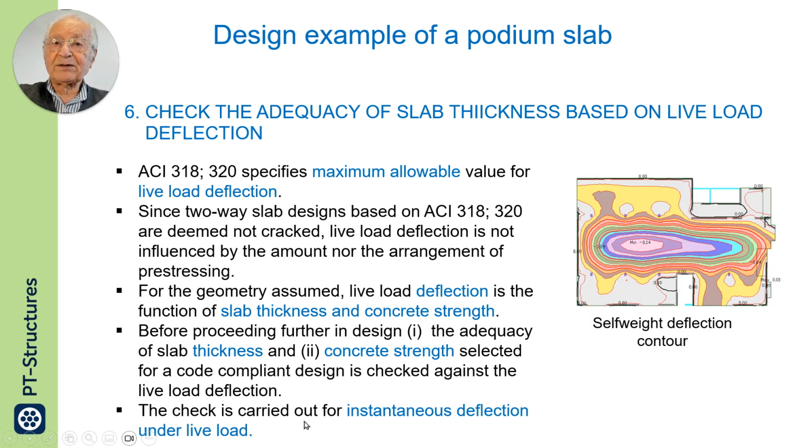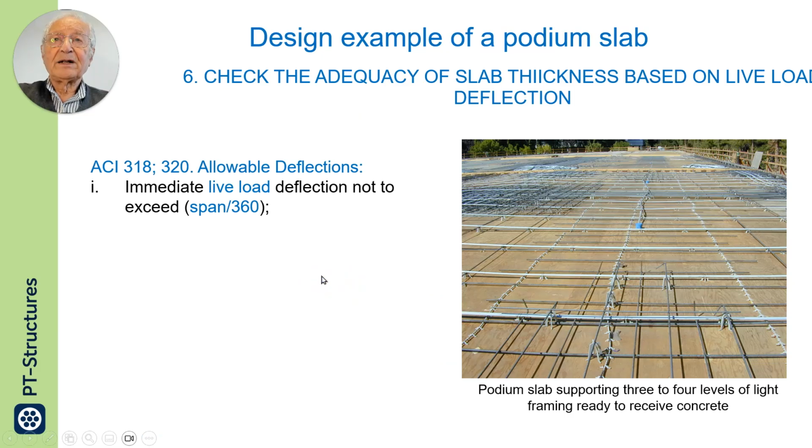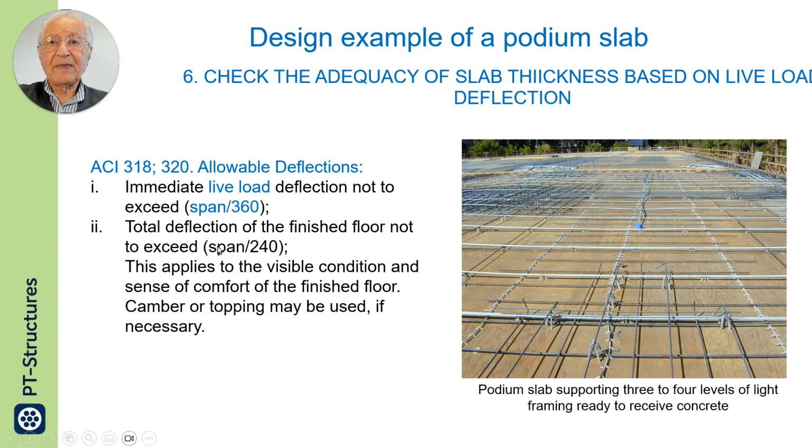The check is carried out for instantaneous deflection under live load. Here, we don't have creep coming into the picture. For live load deflection, it is instantaneous. The allowable code value is span over 360.